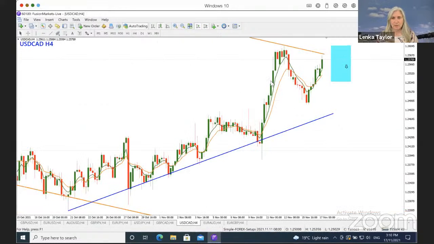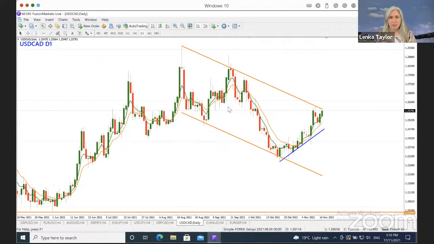But at the moment, if there is a reversal either around this level or anywhere up to the tops there, then I would be looking for a short based on that daily pattern here. Let me just pop that in.